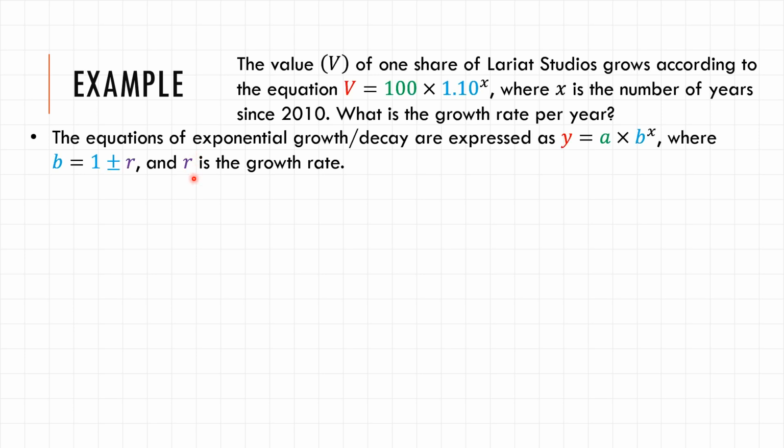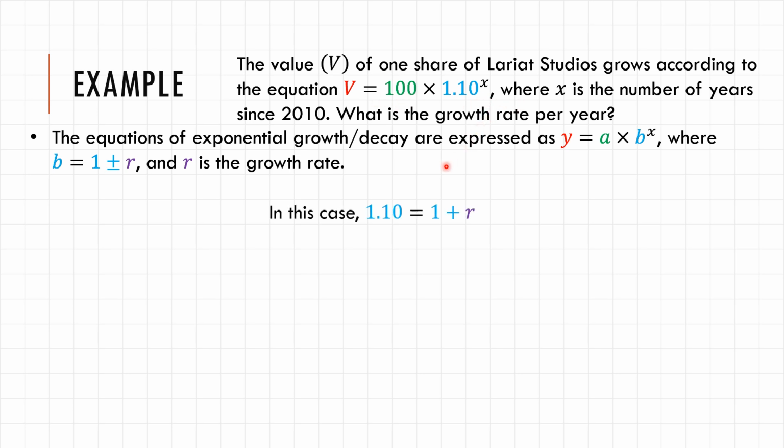So I'm just going to highlight these for us. Remember, the value, that's y. This is in the same structure as this is. 100, that's our initial value. That's how I knew that it started at $100. The base, b, is 1.10.